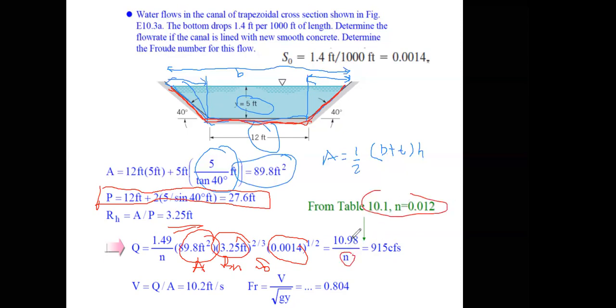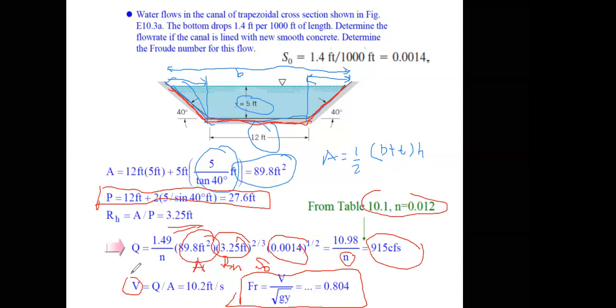As this, we have 915 cubic feet per second. You can always change it into cubic meters per second, for example. And the Froude number can also be calculated using these equations. First, you need to find the velocity here.